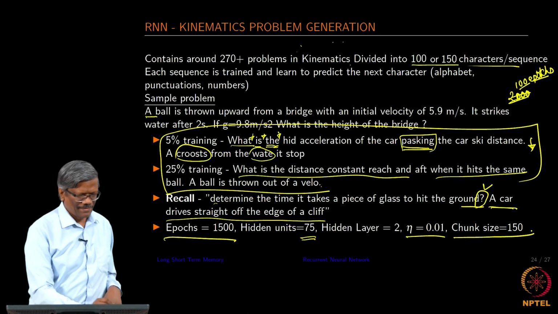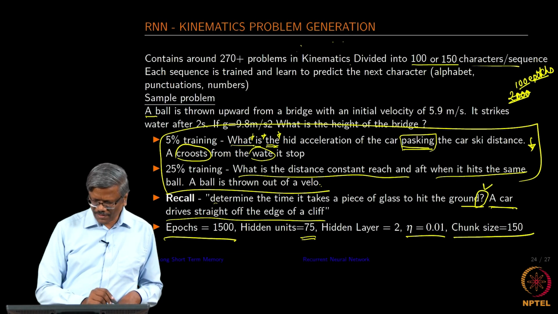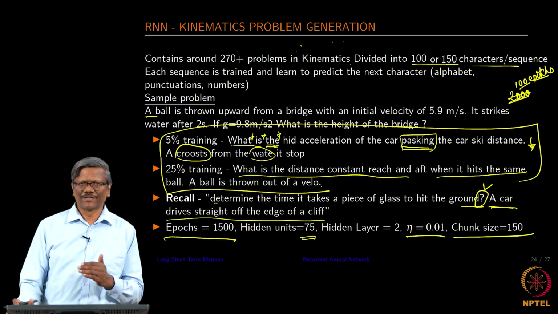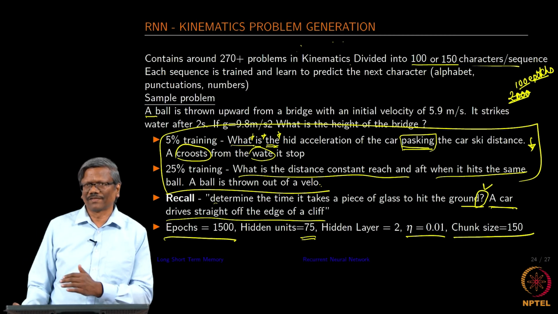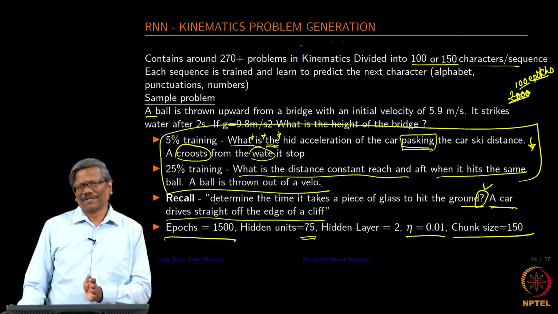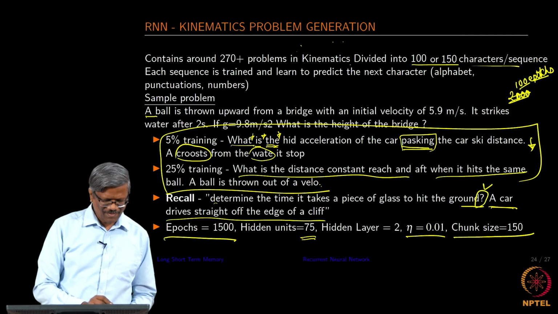This is what I had done. So, this is one example. This is a very simple example through which I have shown that it is possible to construct a sequence of characters which makes some sense using RNN.